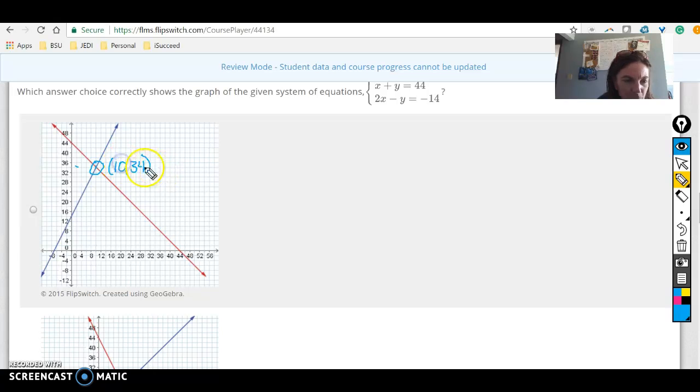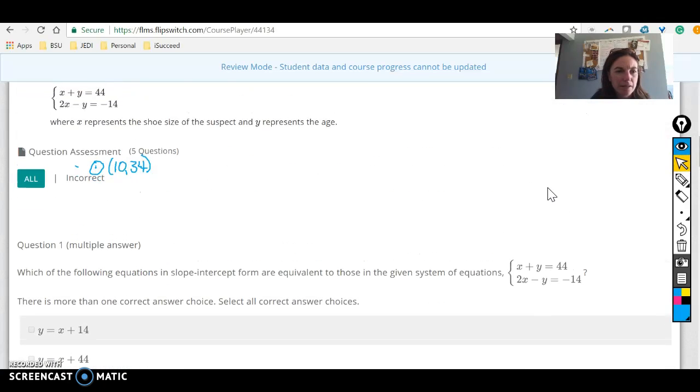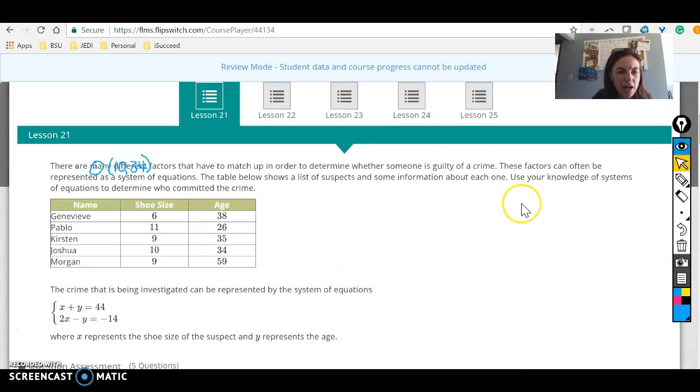So this was a shoe size of 10 and an age of 34. If I go up here to my chart, I can see that Joshua has a shoe size of 10 and an age of 34. So Joshua is our culprit.